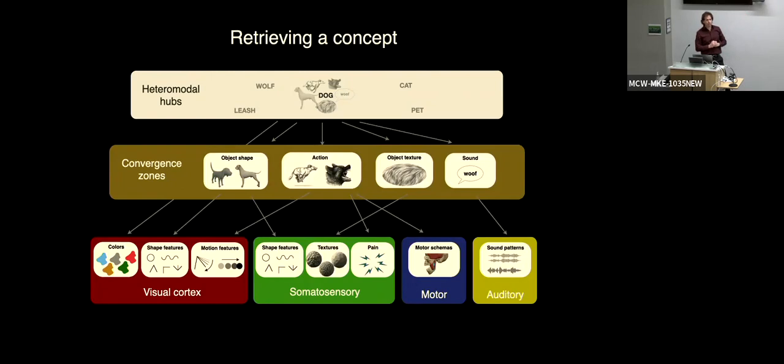Now you have to simulate the sensory motor properties in more detail, and then you have to engage the lower level features that are stored in the lower level cortical areas. So several studies find that even though modality specific areas are activated when you process concepts, they're not always activated. It really depends on the task. It depends on how rich a reconstruction of the concept you need to do to perform the task.